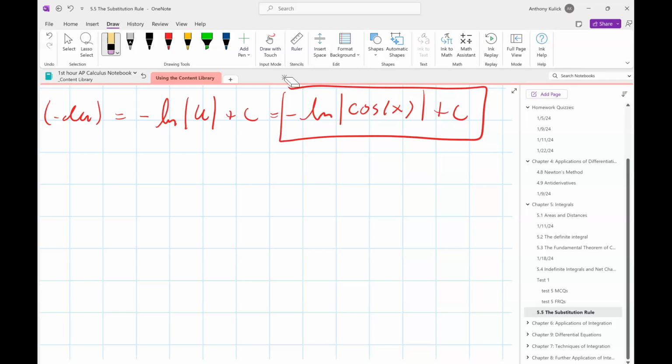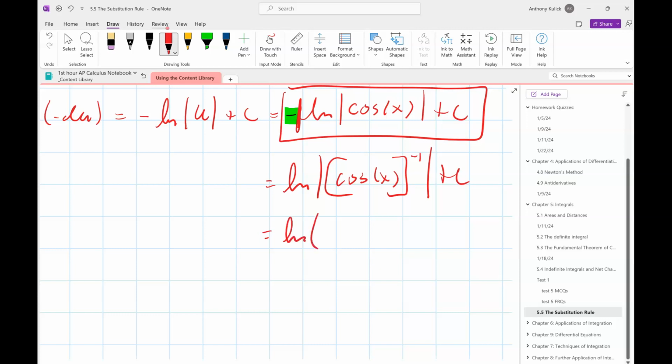Now, is this the best we could do? That's an answer. That's fine. I boxed it. But the negative out front is the same as like negative 1 times, right? What do your logarithm rules tell us you can do with a coefficient in front of our logarithm? Make it an exponent inside the logarithm. And what's the reciprocal of cosine?